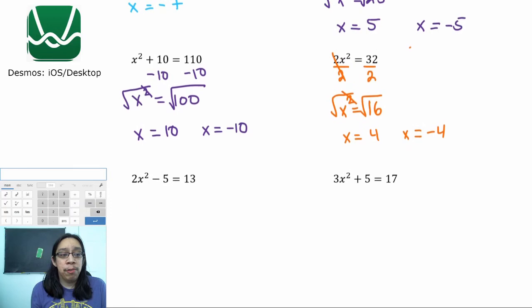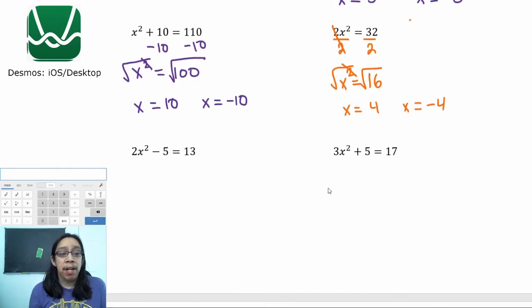We have 2x squared minus 5 equals 13. So now notice that there are two things currently bothering x squared. There's a multiplication of 2, and there's also a subtraction of 5. So what we're going to do is use our inverse operations to isolate or get that x squared completely by itself. So always prioritize your addition slash subtraction first. So here we're going to start by adding 5 to both sides.